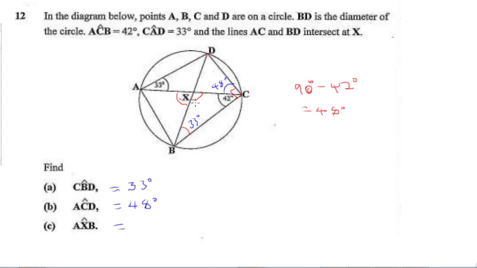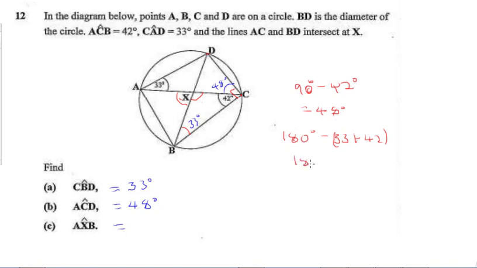So I've skipped a lot of explanations because I believe at this point you have understood what is happening. So we add these two, then subtract them from 180 degrees.